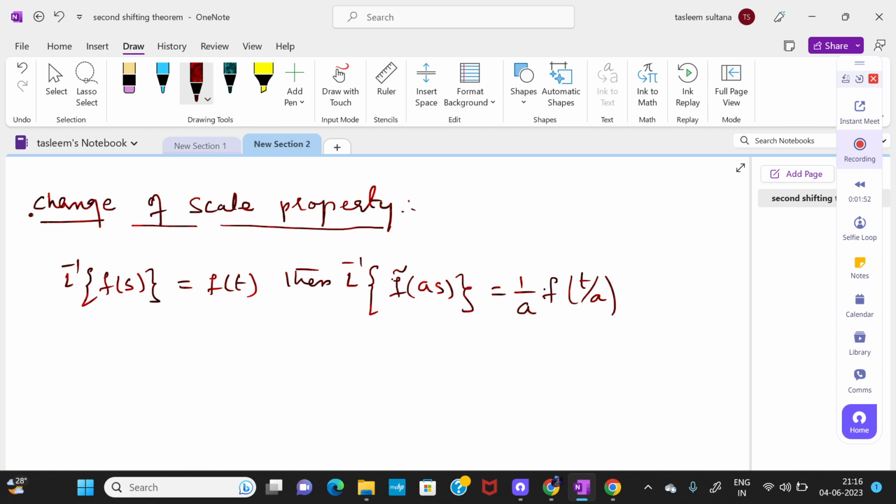It was s by a, right? Yes, so your a has to be greater than 0.